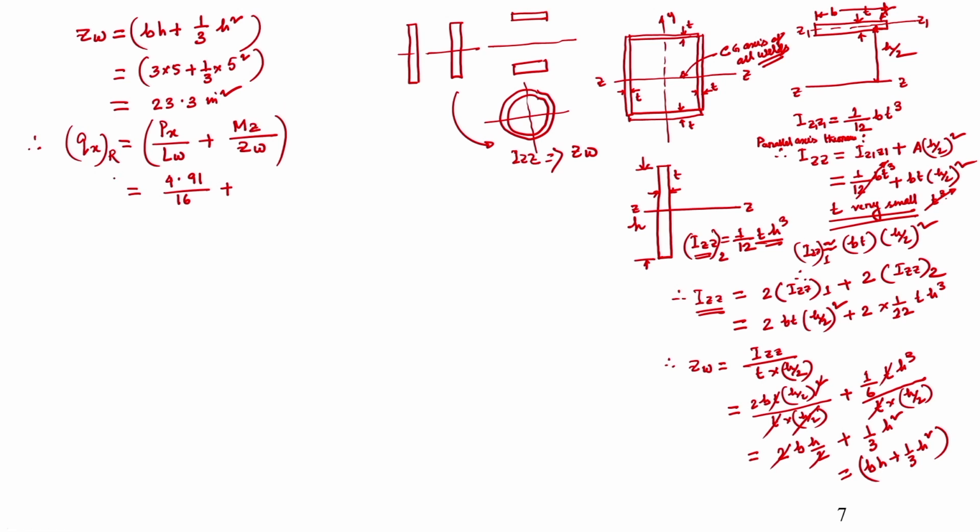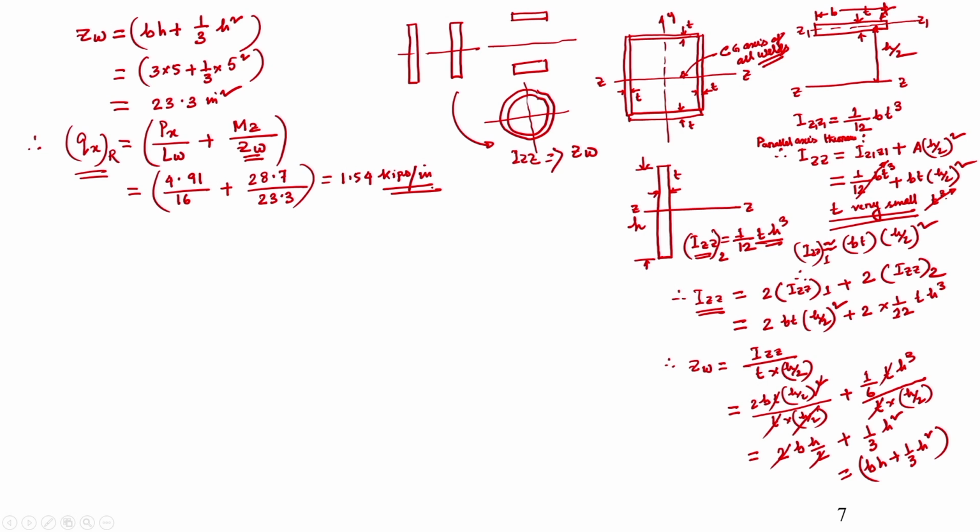So, here Qx resultant will be Px by Lw plus Mz by Zw. Okay. Here Mz is given as 28, this is given data, and Zw I have already calculated as 23.3 inches square. This will give us a value of 1.54 kilo pounds per inch. This you should keep in mind.